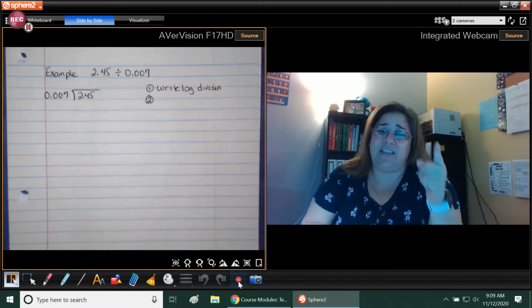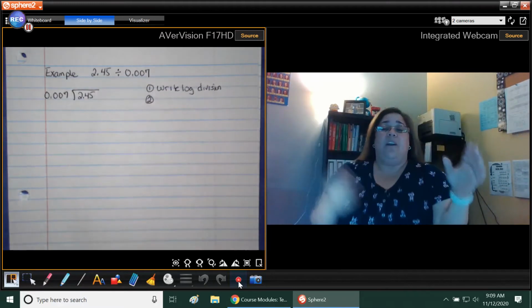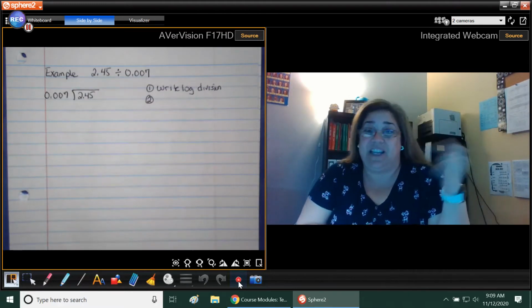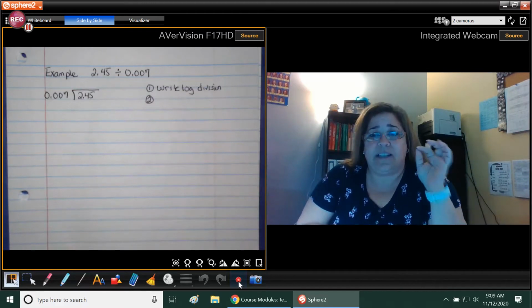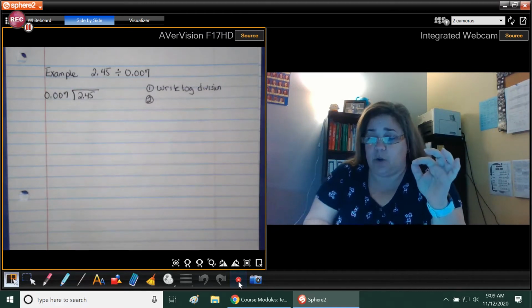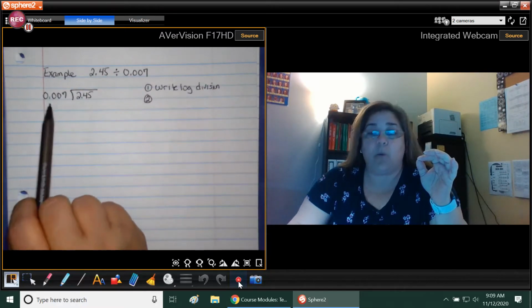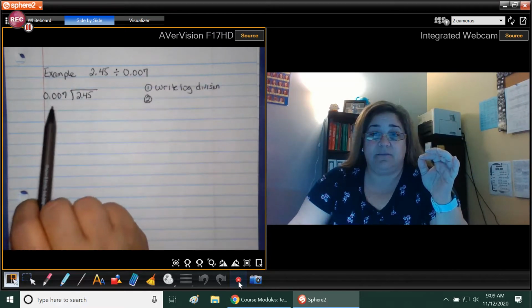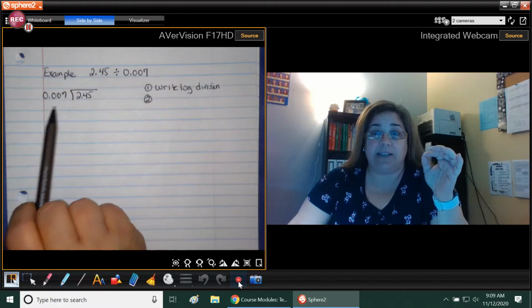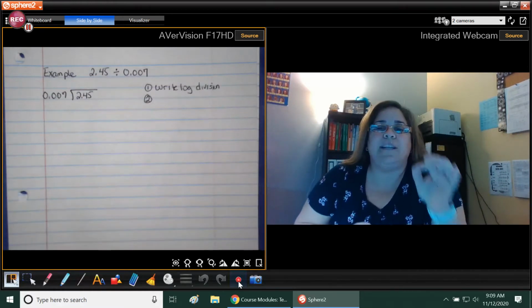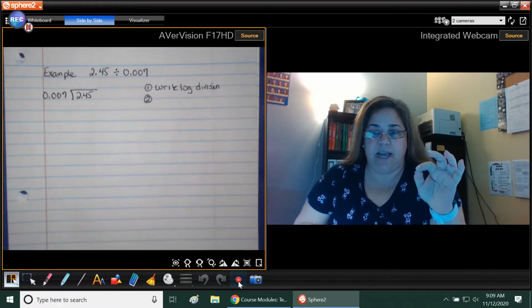But here's the thing. We don't like to let decimals into our house. So when a decimal is knocking at our door, or outside the house, when our dividing number has a decimal, we want to get rid of it, okay?